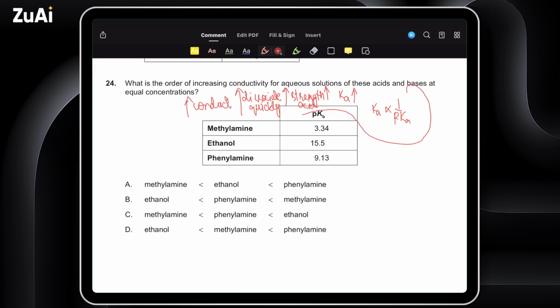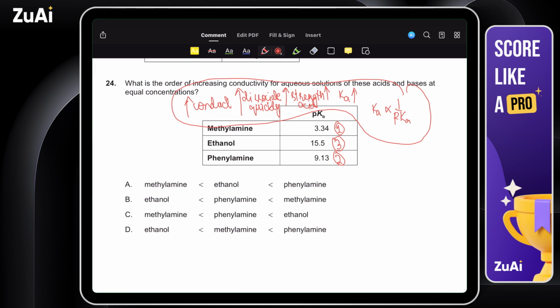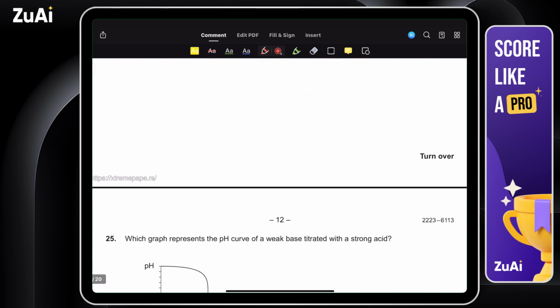So that's the entire sequence. So you have to check the lowest pKa, because the lowest pKa has the highest Ka value, 1, 2 and 3. So that's why we can say that methylamine should have the highest, then phenylamine, then ethanol. So B is the answer.